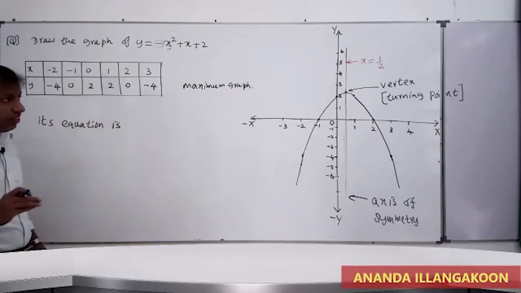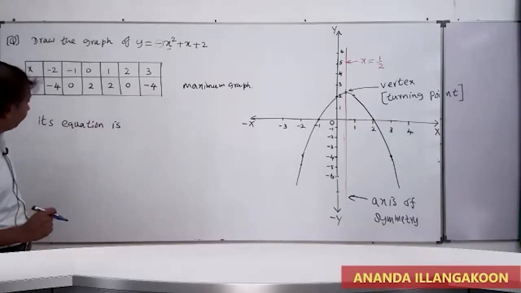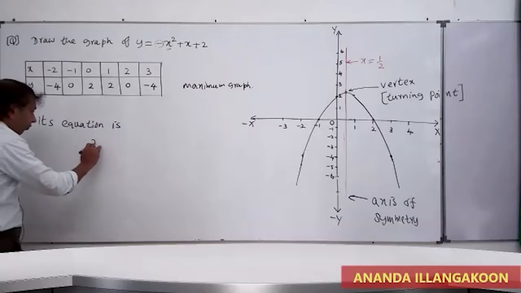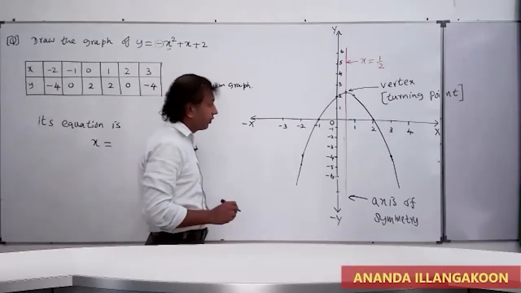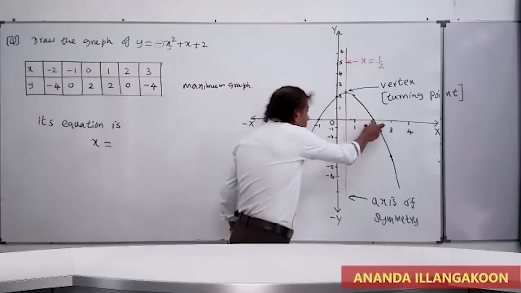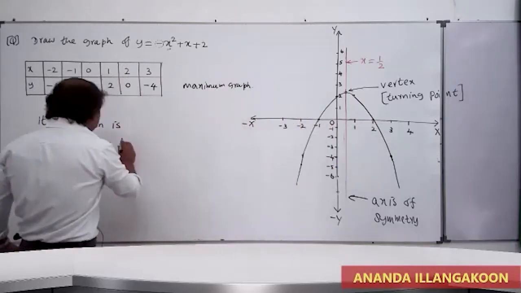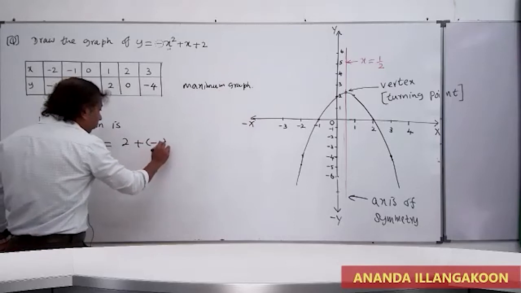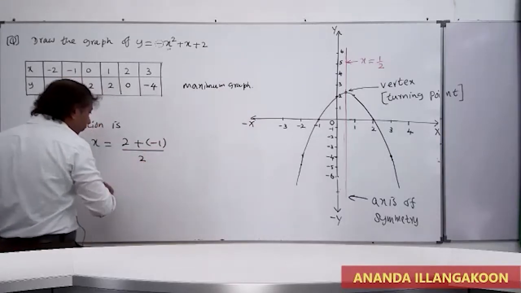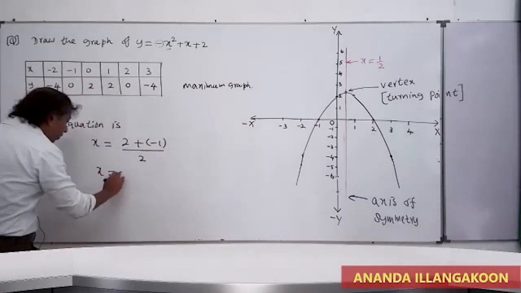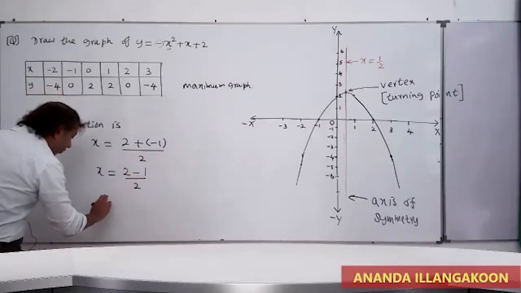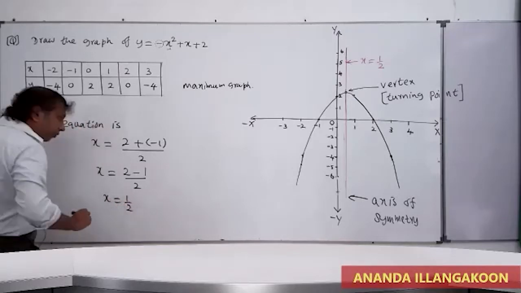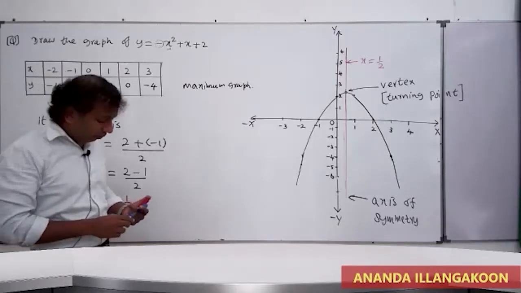Its equation is, people, how to take that? At the roots, 2 plus minus 1 divided by 2. X equals 2 plus and minus 1 by 2. X equals half. Right? Okay.